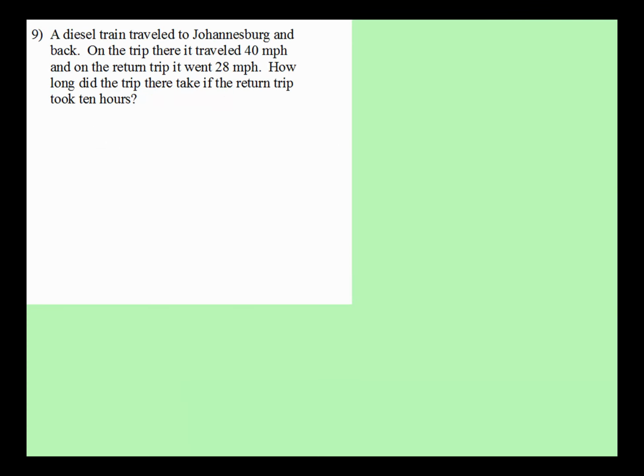Let's go ahead and go on to distance problems. These are really difficult. So I'm going to say north, south. I'm going to first do that. I'm telling you, draw a diagram. So a diesel train traveled to Johannesburg and back. So the train started someplace.